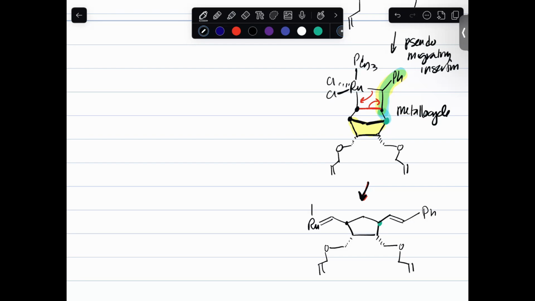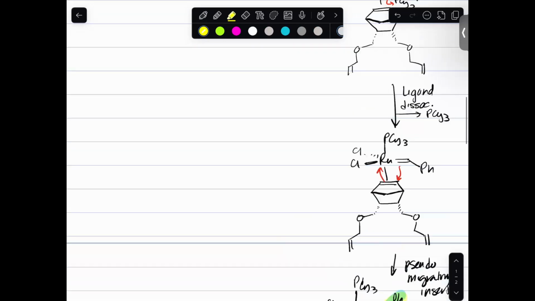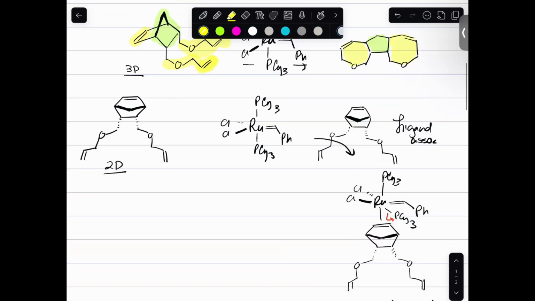And so I'll add my substituents to this as well. And I've introduced my ruthenium to my skeletal structure or my ring structure. But by opening and breaking that bond, I've exposed the five-membered ring that's already present. So if you look at your product, there's my five-membered ring.